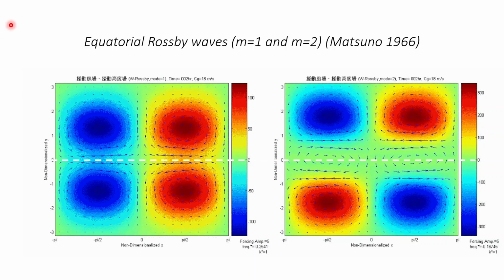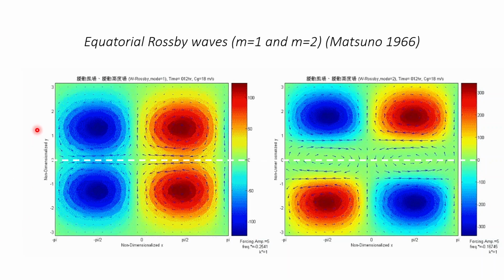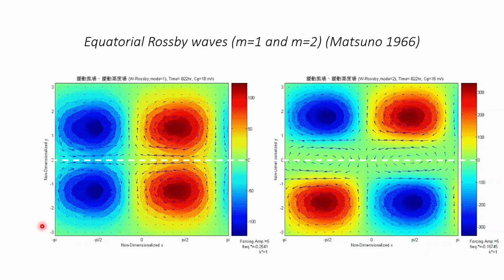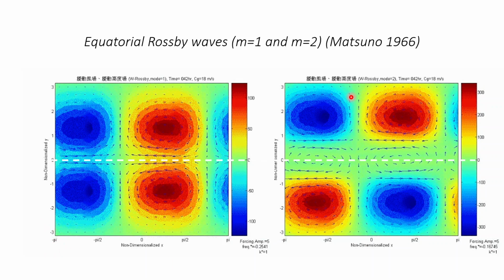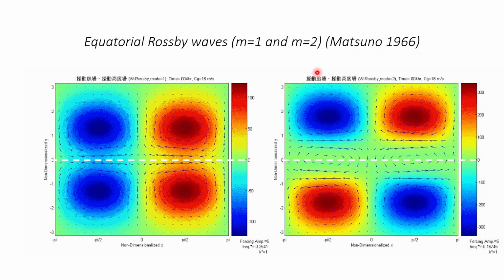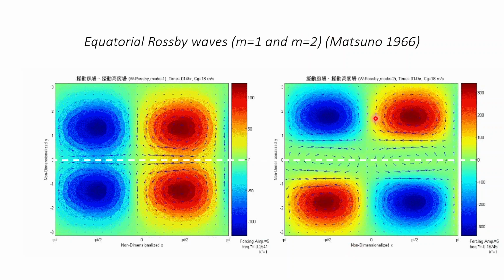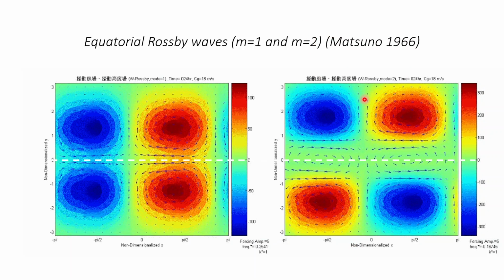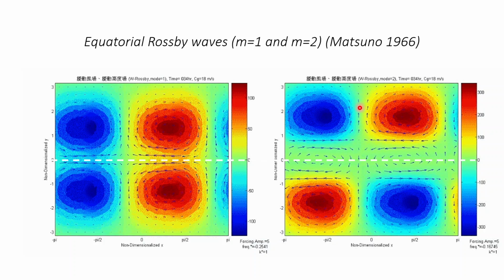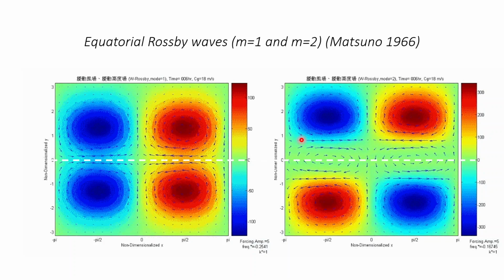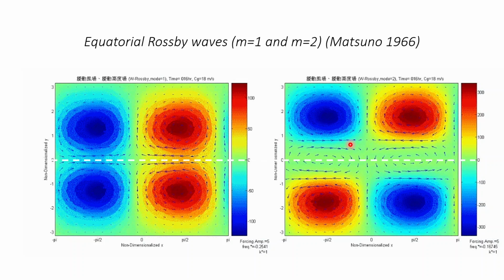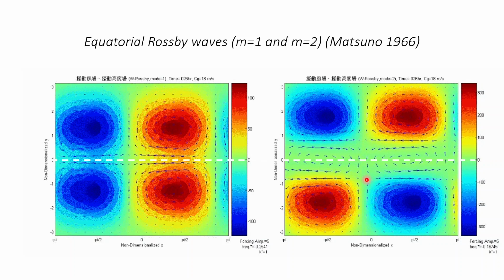The x and y are non-dimensionalized by the characteristic length scale. For the m equal to 2 Rossby wave, you can see for meridional velocity there are two nodal points, at non-dimensional y of about 1 and minus 1.